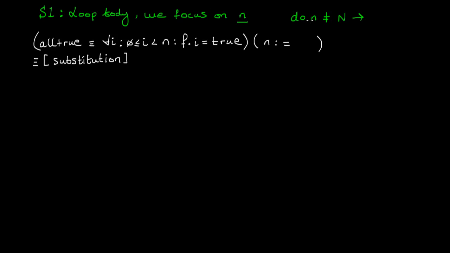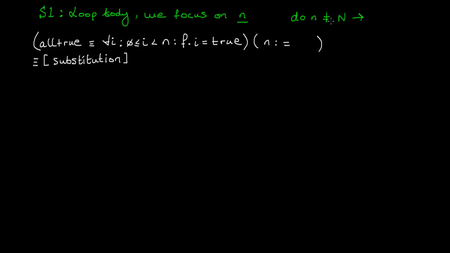Remember that we initialize small n to 0. So something's going to have to happen to small n to make it approach large N and ultimately be equal to large N in order to break this loop, to stop the loop from looping around infinitely.